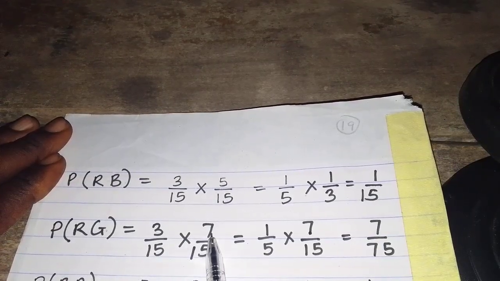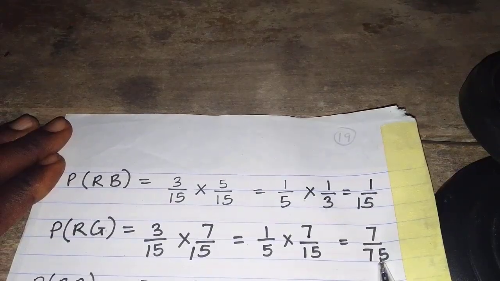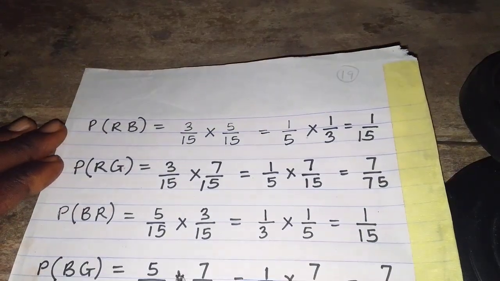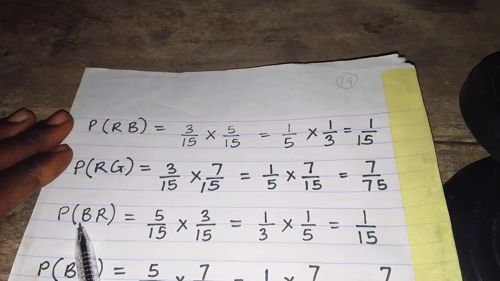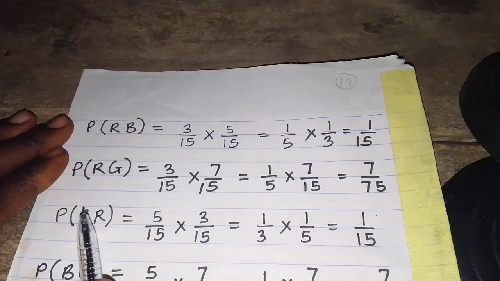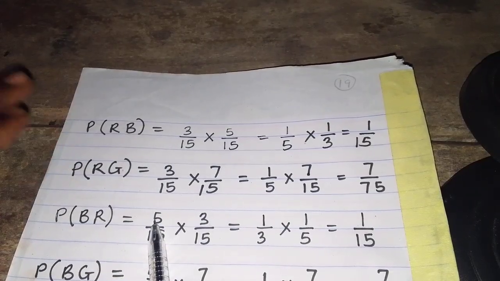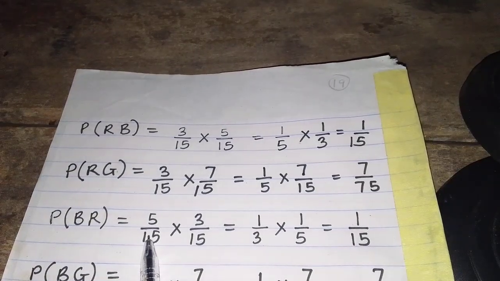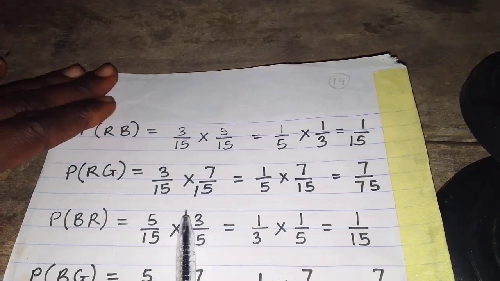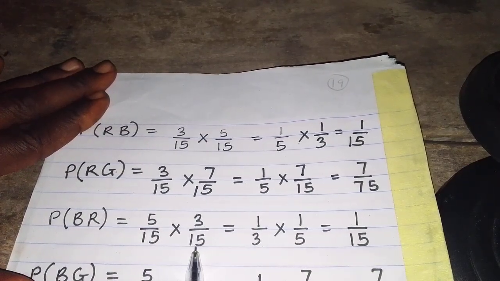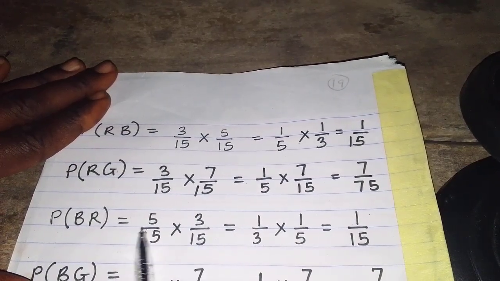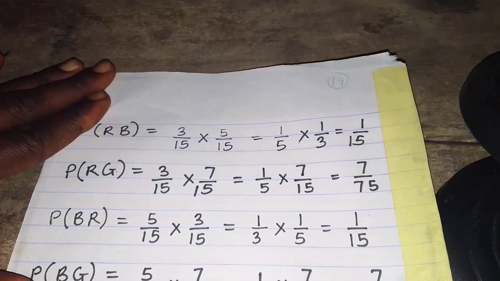So multiply their probabilities, and you get 7/75. Then the probability of the first one to be blue and the second one to be red: 5/15 is the first one blue and 3/15 is the second one red. So multiply them, and it gives us 1/15.